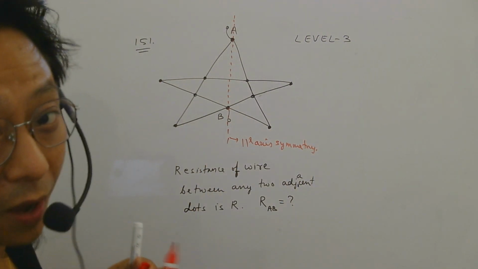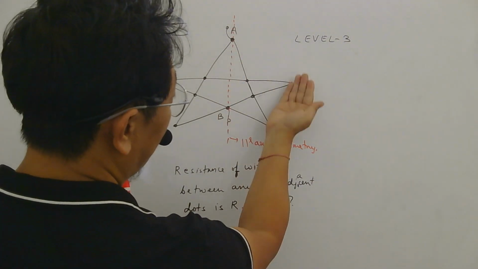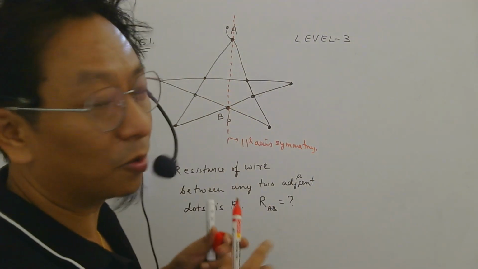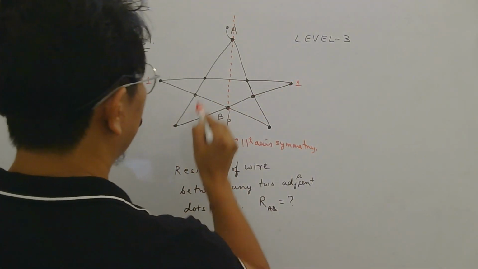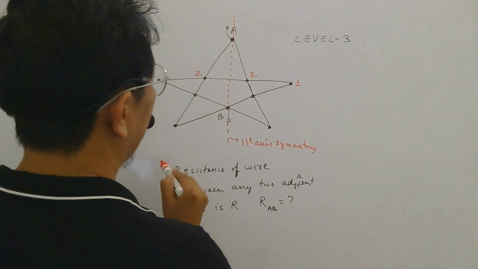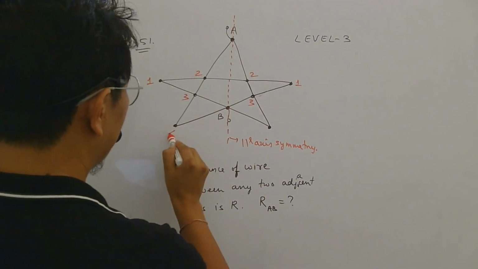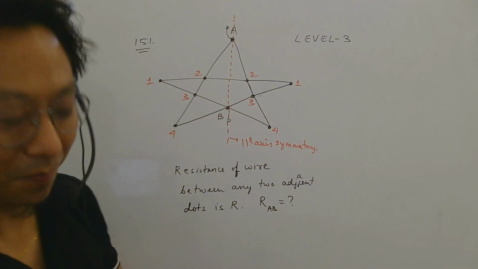And whenever there is parallel axis symmetry, what I told, points this side and corresponding points this side must be at same potential. So this and this will be at same potential, this and this will be at same potential, this and this will be at same potential, this and this will be at same potential.